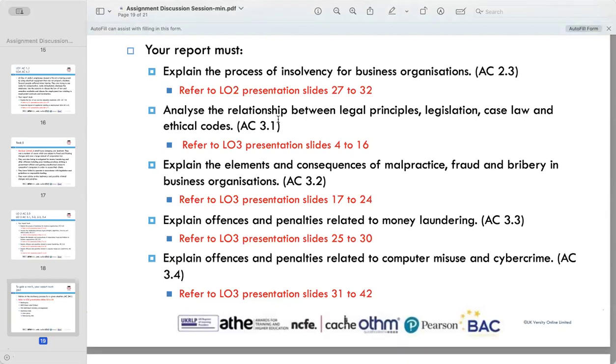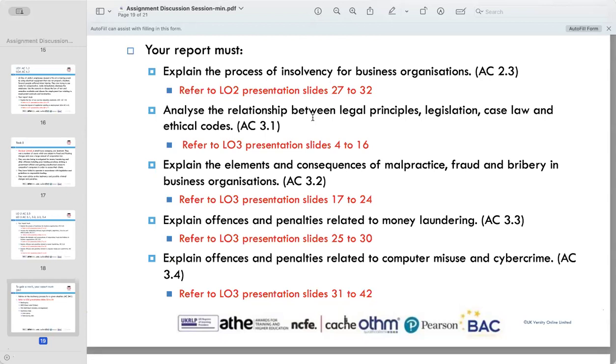Okay, 3.1. Analyze the relationship between legal principles and legislation. Discuss how laws are formulated based on legal principles and ethical considerations. Explain how case laws and ethical codes contribute to shaping legal principles.